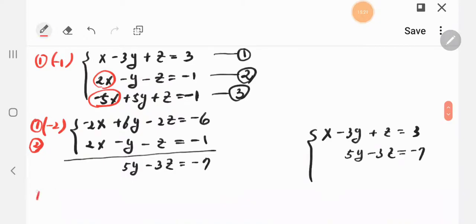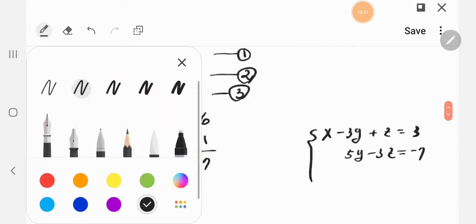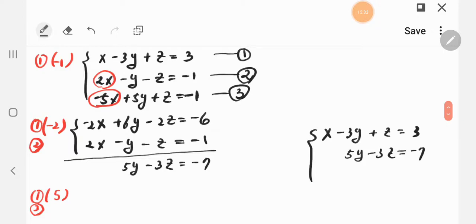So I will multiply the first equation by 5, and then the third equation stays the same. So multiply the first equation by 5, then 5x minus 15y plus 5z is equal to 15.